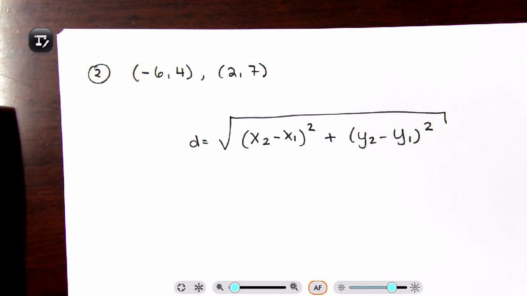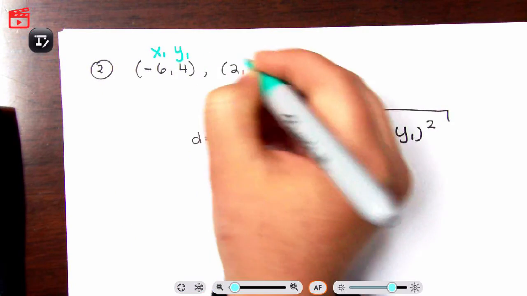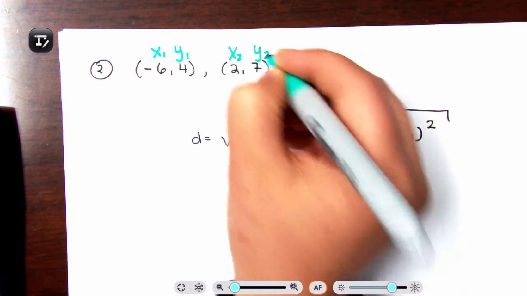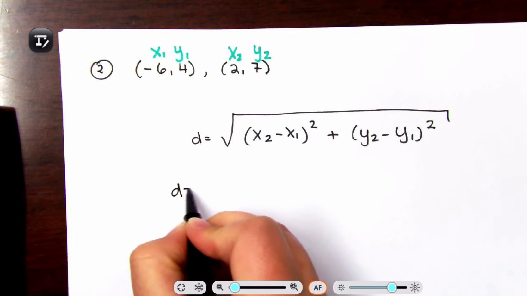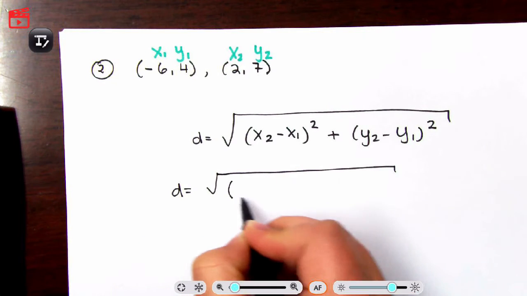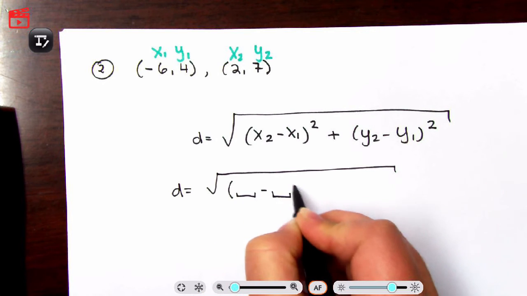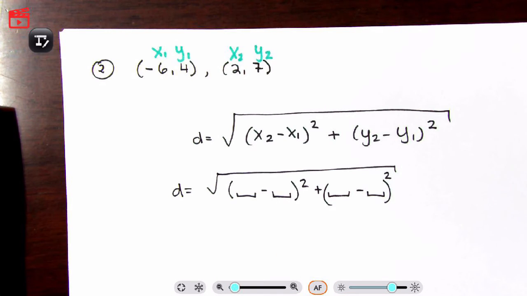Label your points. So we have x1, y1, x2, y2. Now that you have labeled your points, go ahead and rewrite your formula, and when you rewrite it, leave some space for your input, so you can put in your x's and y's.